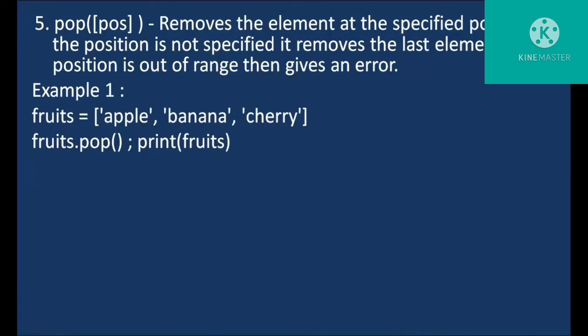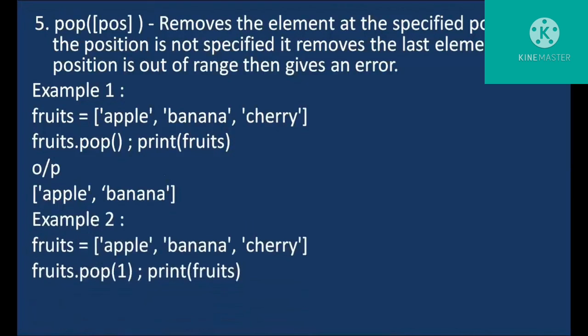In the scenario where you specify the index number of the element that you want to delete, and the index number you specified is not in the range of the list, it gives an error. So if I write no position value, just pop(), in that scenario it deletes the last element.